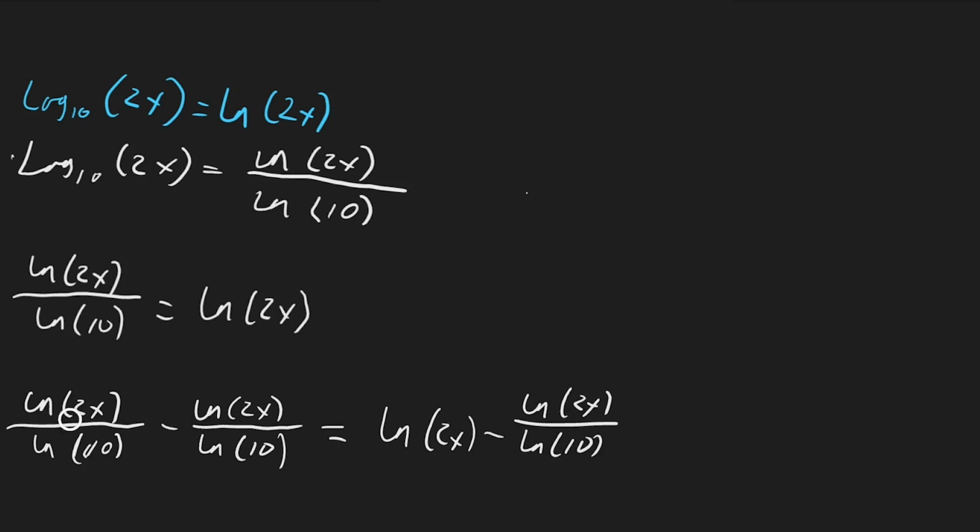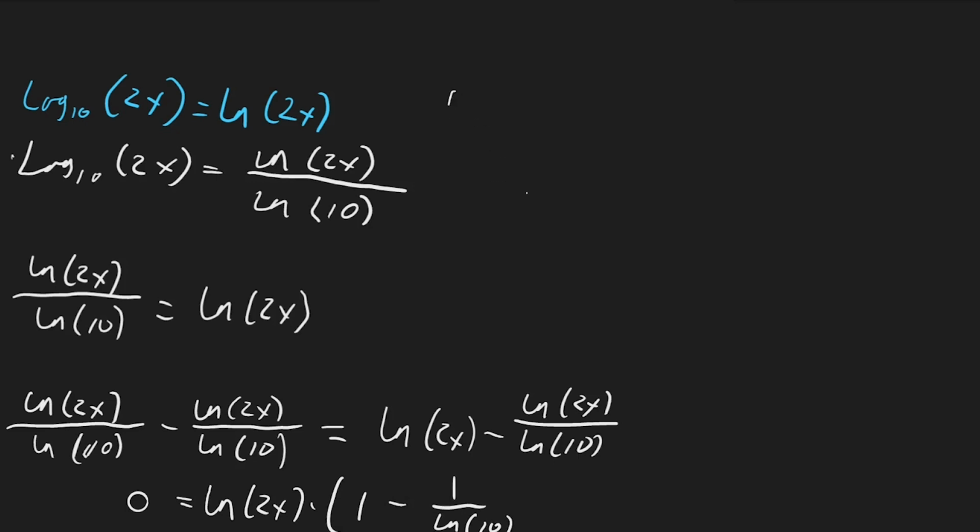And obviously the left side here is 0, so 0 is the right side. Well, we can take ln of 2x and put it outside of a parenthesis, so we get ln of 2x multiplied by 1 minus 1 over ln of 10, right?